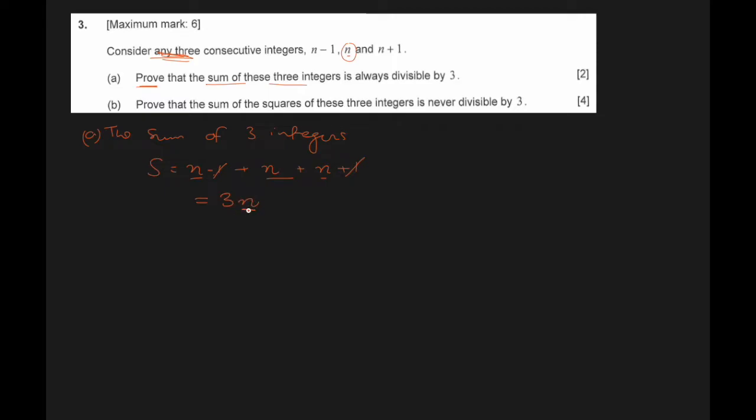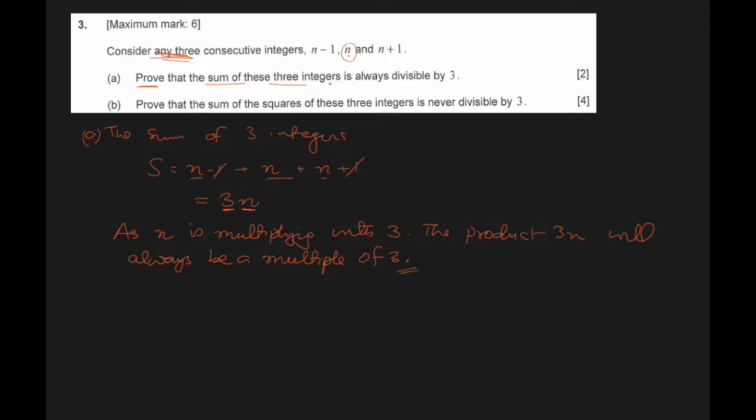So now you put any number in place of n, it will always be a multiple of 3 because it is multiplying with 3. So as n is multiplying with 3, the product 3n will always be a multiple of 3.